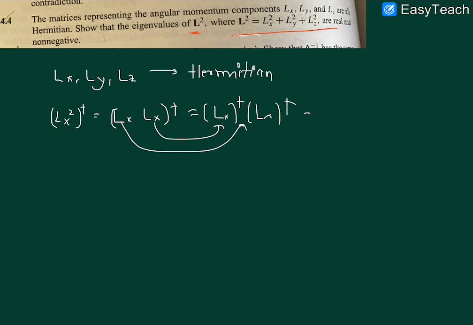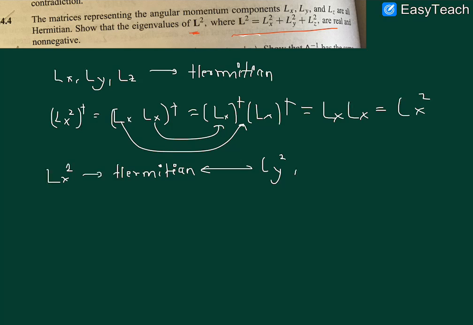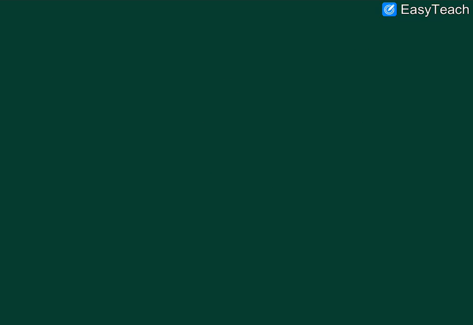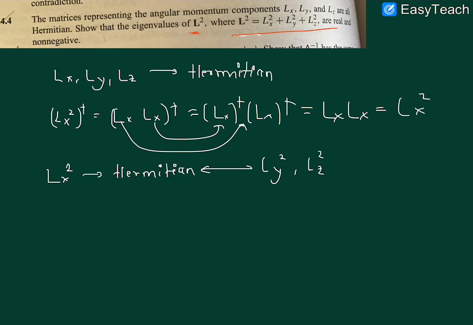So from the given definition of Lx, Ly and Lz, we can say that Lx square is Hermitian, and we can similarly say that Ly square and Lz square are also Hermitian. Okay, so we have done a little bit of the question. Now we will go on to show the eigenvalues of L square are real and positive.